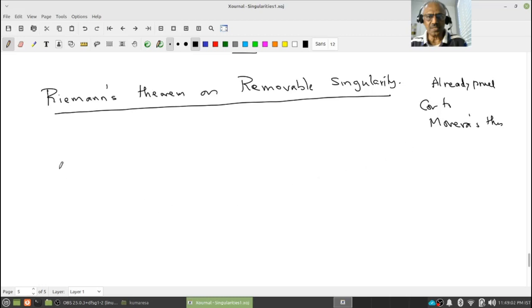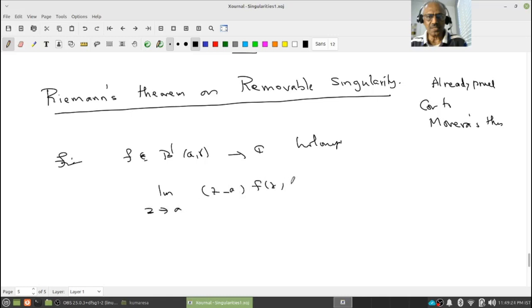So what is the theorem? The theorem says, suppose f is defined from some deleted neighborhood B'(a, r) to C, assume this is holomorphic, and limit z going to a of (z minus a) times f of z is 0. Then f has a removable singularity.